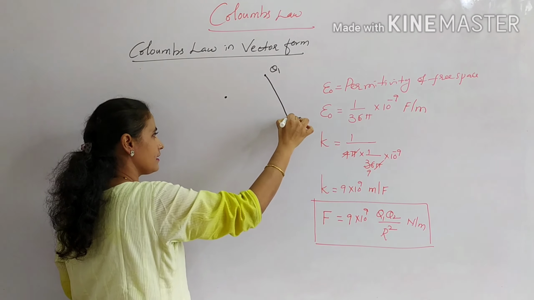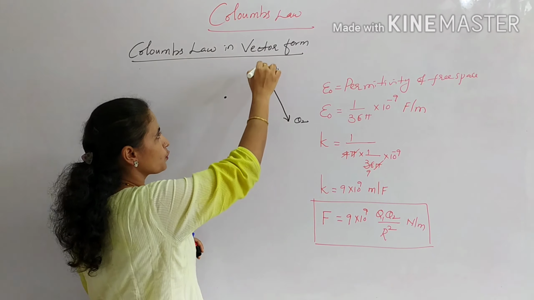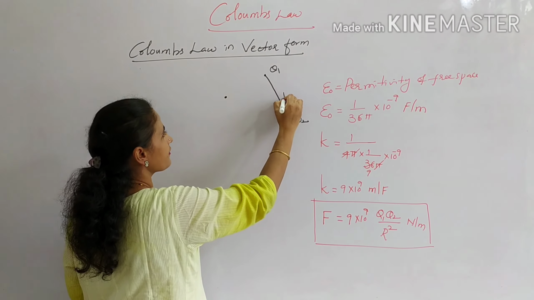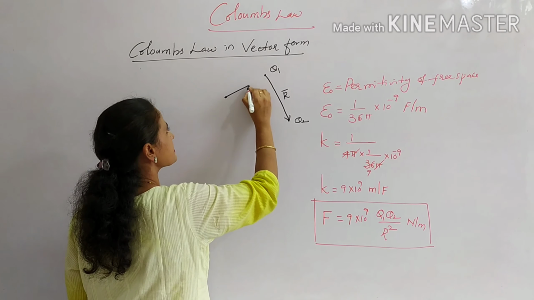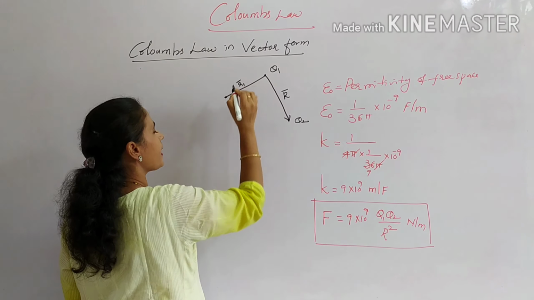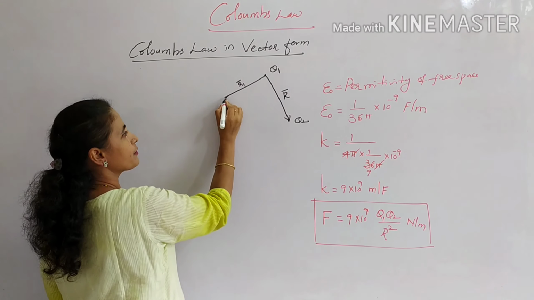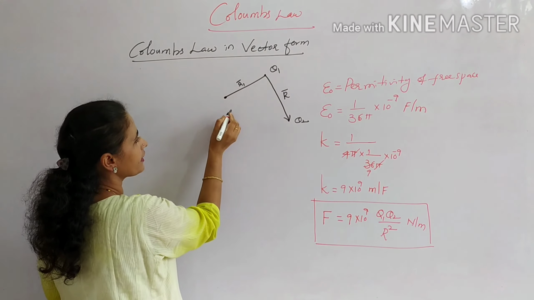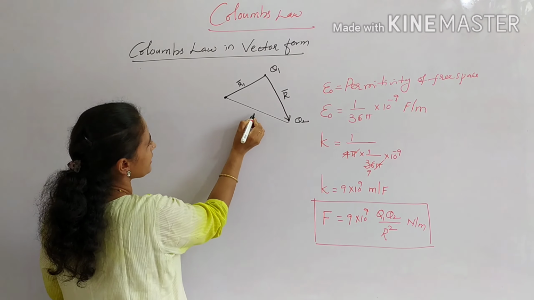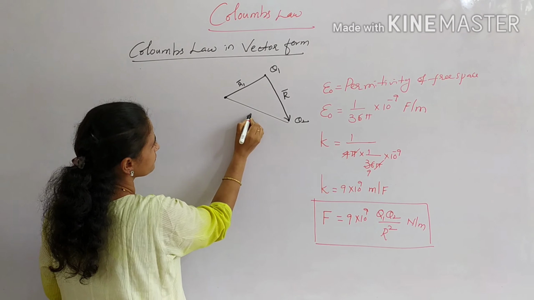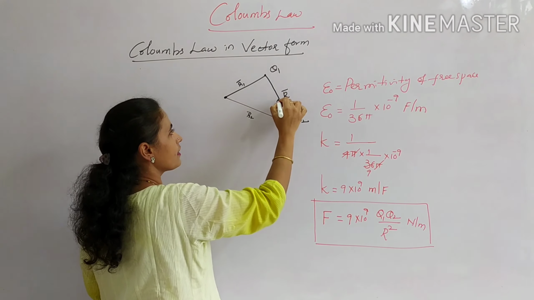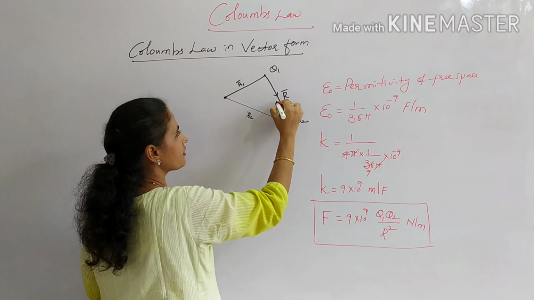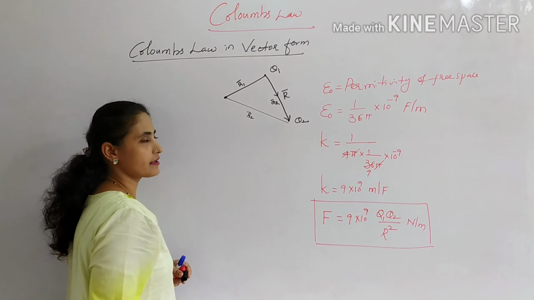Let the direction of force be from Q1 to Q2, given by R bar. Let Q1 be at a distance of R1 bar, so this is a distance vector from the origin to the point Q1. Let Q2 be at a distance of R2. The direction of the force is given by the unit vector ar.